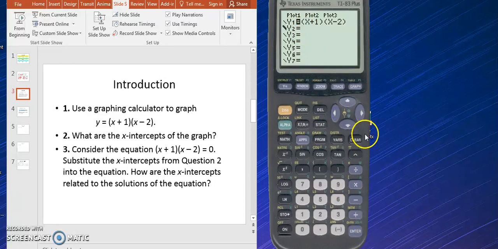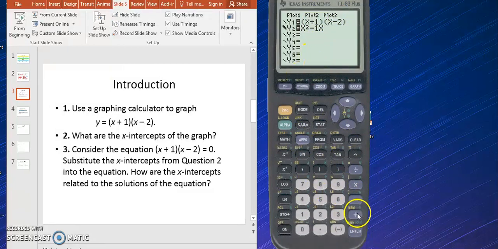I'm going to hit enter, make that a thicker line, and type in what I think would equal the trinomial: x squared, minus 2x as the outer term, plus x as the inner term, so it's negative 1x, and then 1 times negative 2 is negative 2.